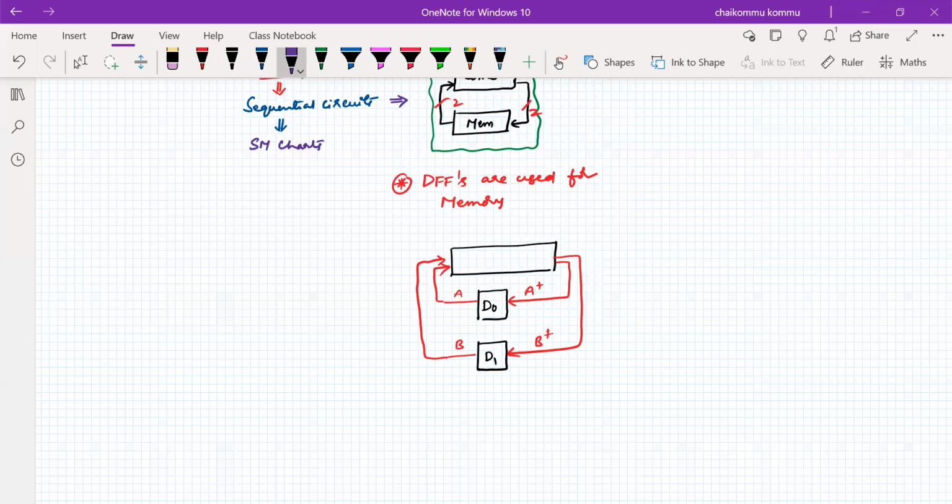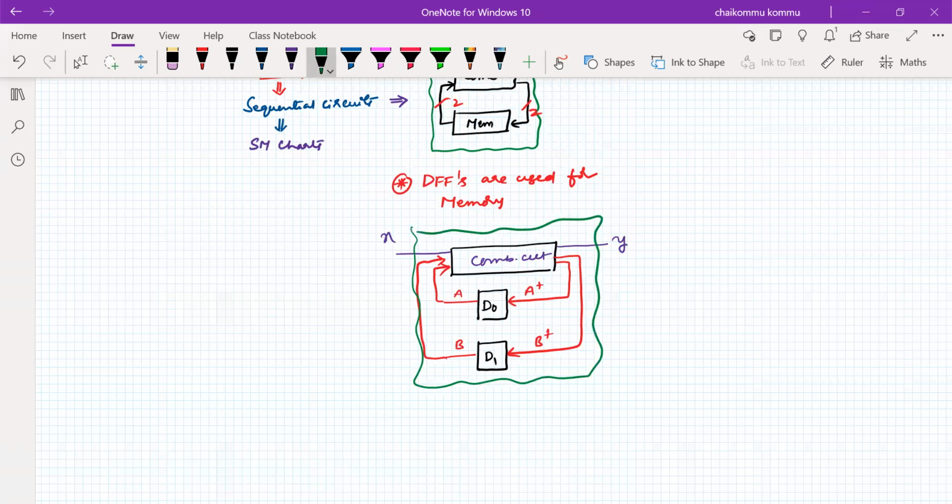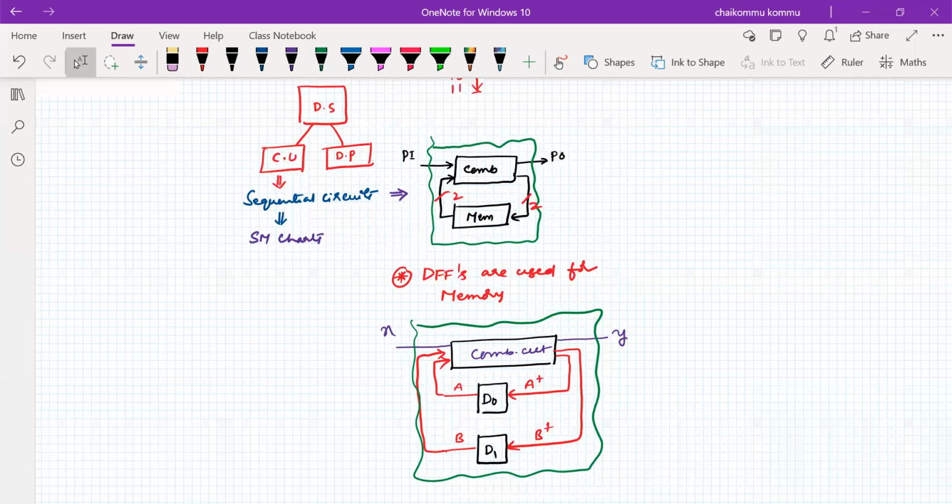The primary input is the X signal. The primary output is the Y signal. It is a combinational circuit. So this is what is inside the state diagram, and in this concept we can understand that.